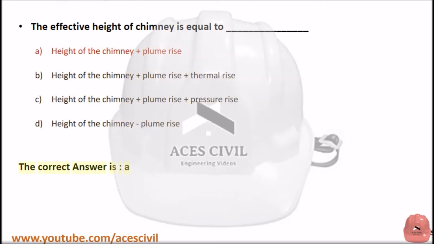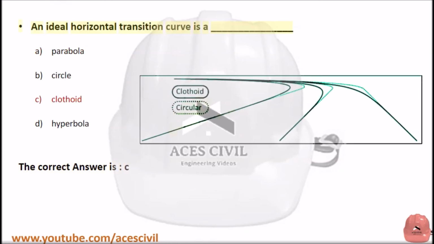The correct answer is A. An ideal horizontal transition curve is A. Parabola. B. Circle. C. Clothoid. D. Hyperbola. The correct answer is C.